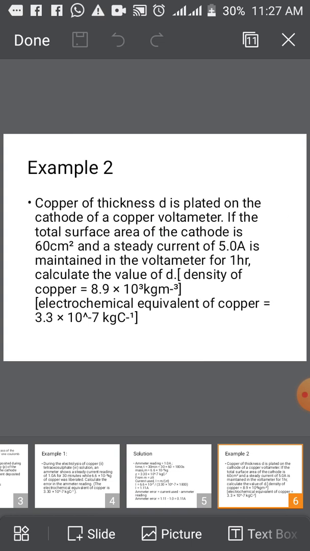If the total surface area of the cathode is 60 cm squared and a steady current of 5.0 amperes is maintained in the voltmeter for 1 hour, calculate the value of D. Density of copper is equal to 8.9 times 10 raised to the power 3 kilogram per meter cube. Electrochemical equivalent of copper is equal to 3.3 times 10 raised to the power minus 7 kilogram per coulomb.